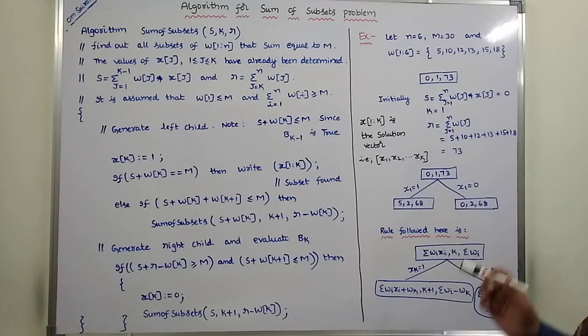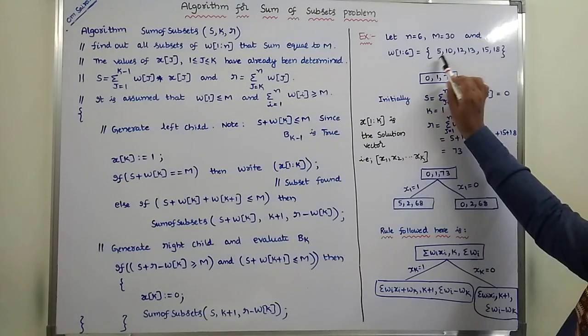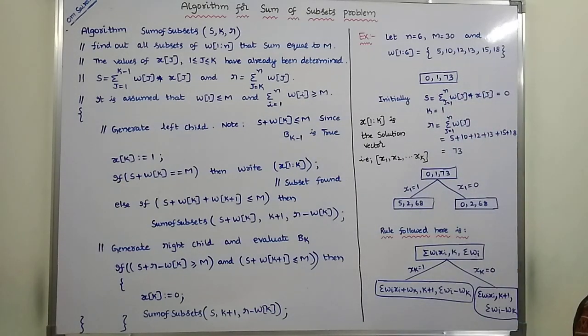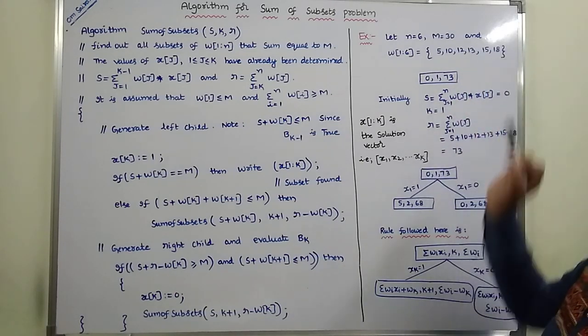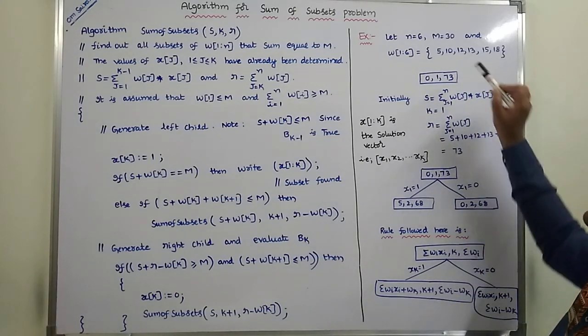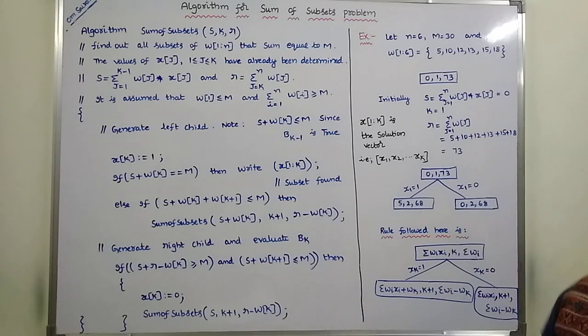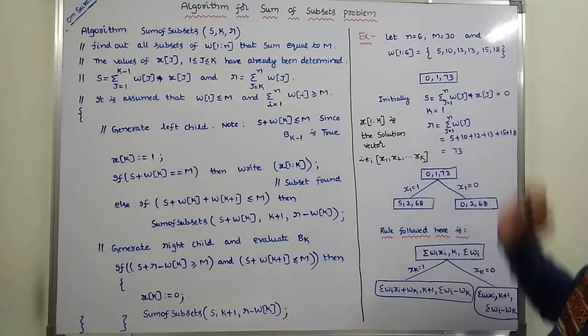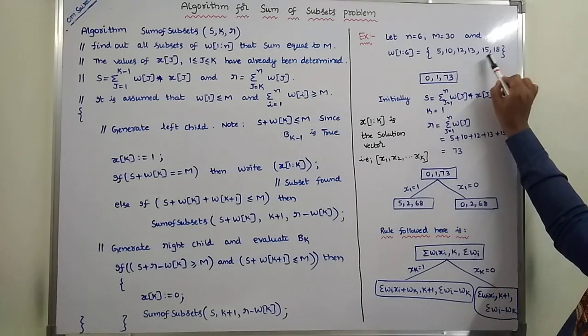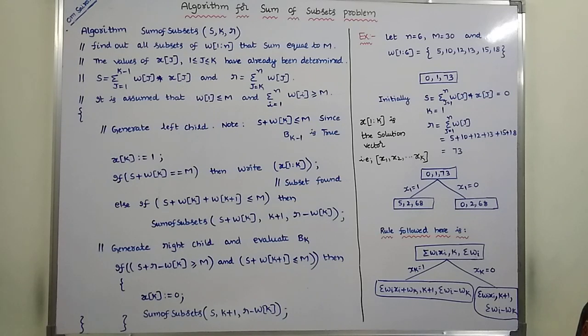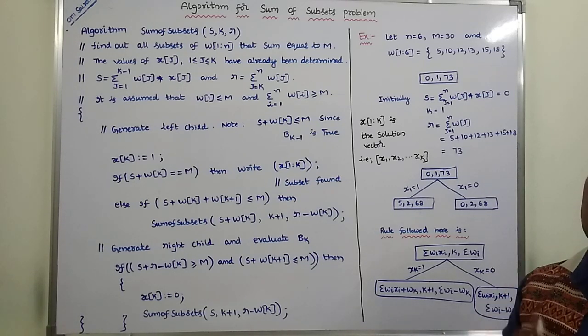For example, we can take 5, 10, 15. This is one subset. By summing these three object weights, it is equal to capital M. So 5 plus 10 is 15, and 15 plus 15 is 30. So one solution is 5, 10, 15.